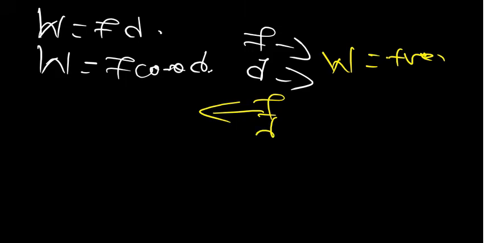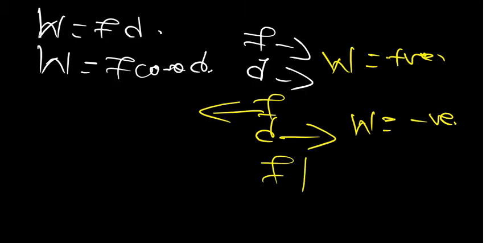But what you have to understand here is this: in general, work done is going to be 0 if and only if the force and the displacement are perpendicular to each other.